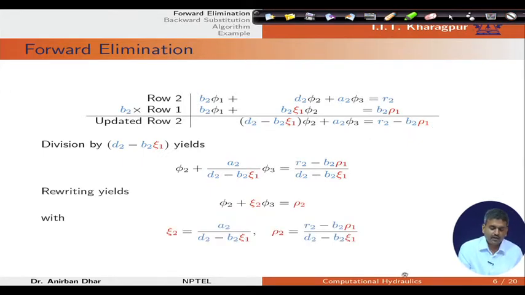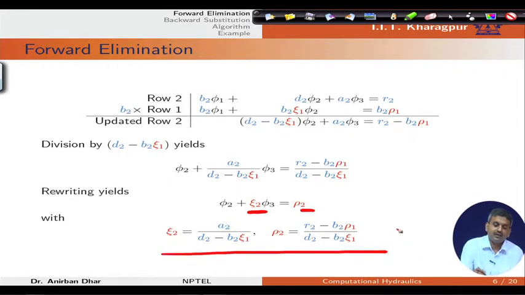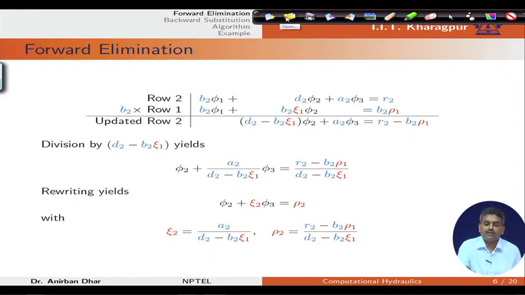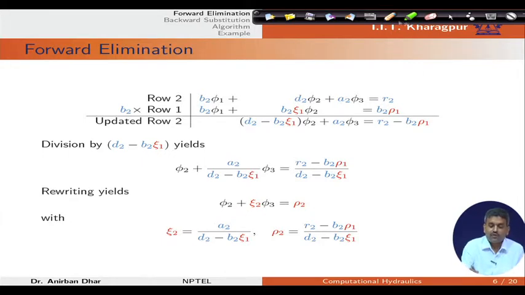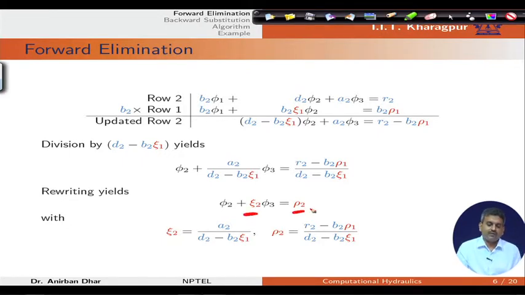Rewriting, if we write it in terms of xi 2 and rho 2, we can write the same thing in another form, but during implementation we are not going to utilize this xi or rho, because our objective is to reduce the storage structure.